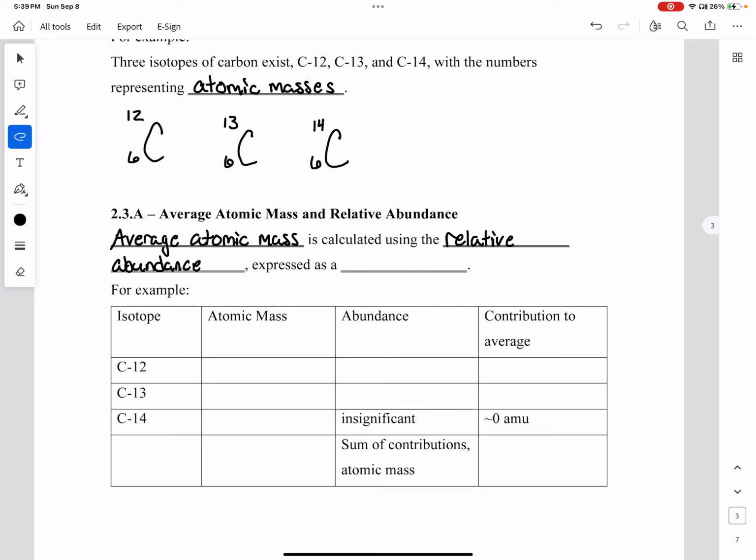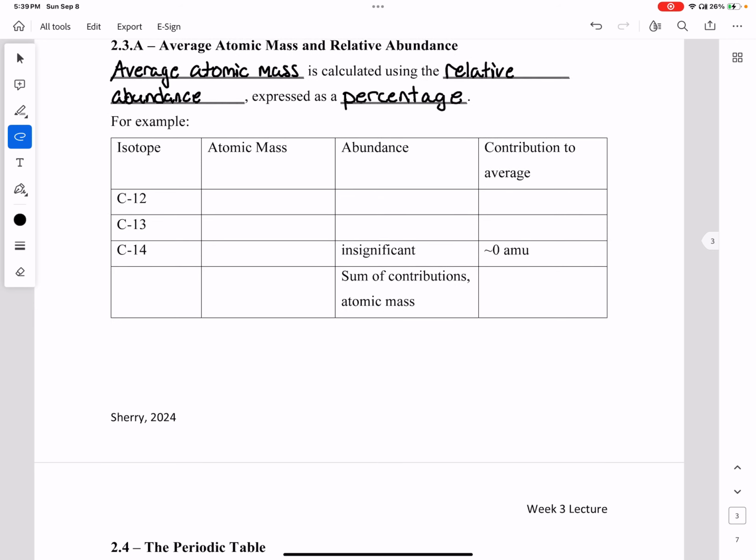It's the relative abundance of different isotopes, and that's expressed as a percentage. Okay, so let's fill in this table together. So we've got carbon 12, so that's 12 AMUs, and its abundance is 99%. Okay, most of it's carbon 12, it's very stable.